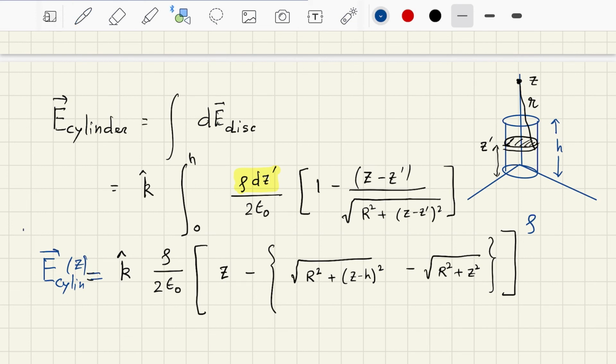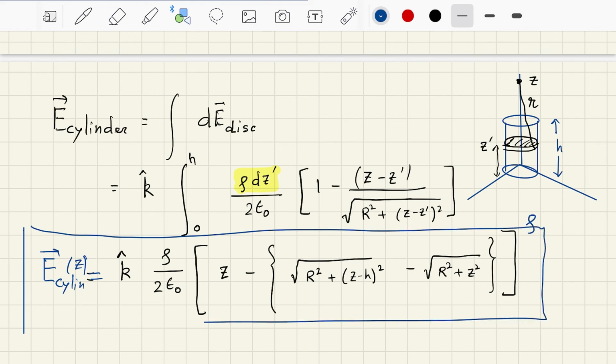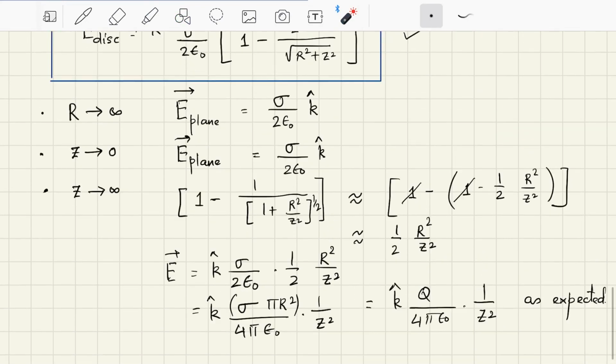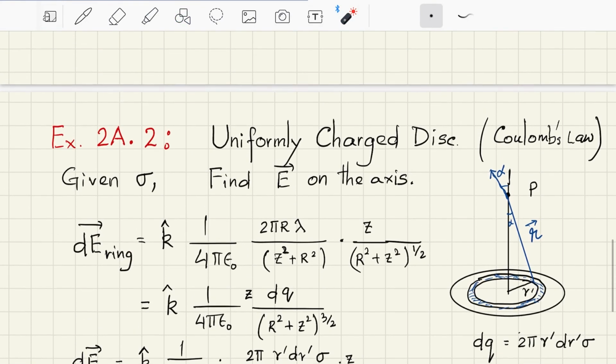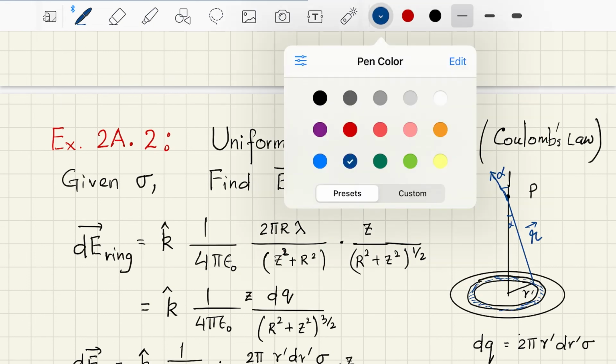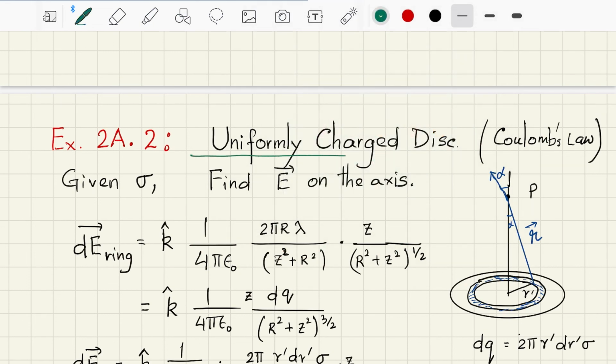So what I have shown you is that we started from a ring. From the ring formula, we started from actually a ring which you can almost directly write down. Okay, so our original aim was this uniformly charged disk.